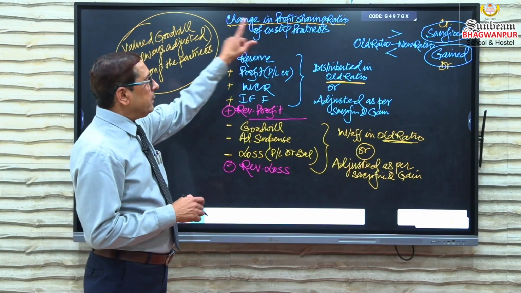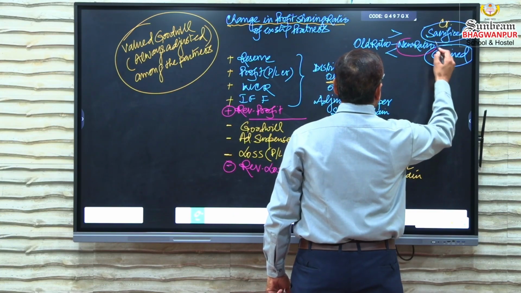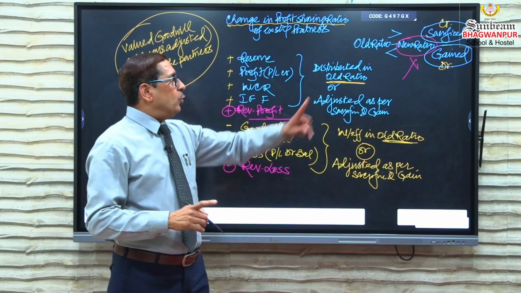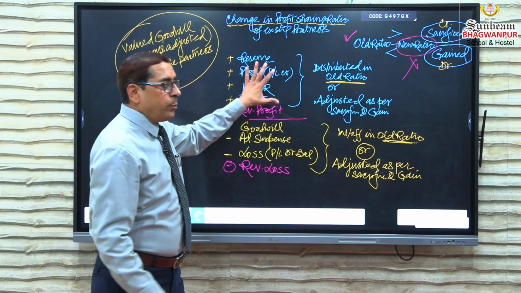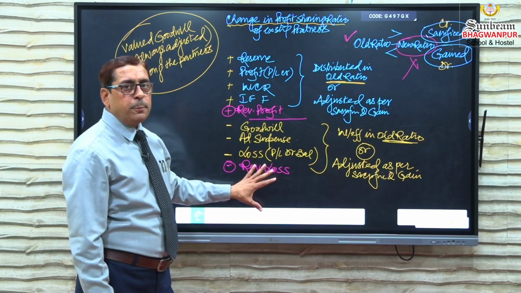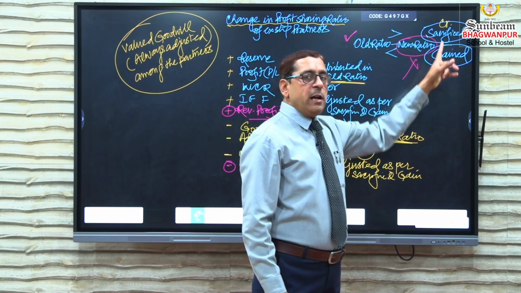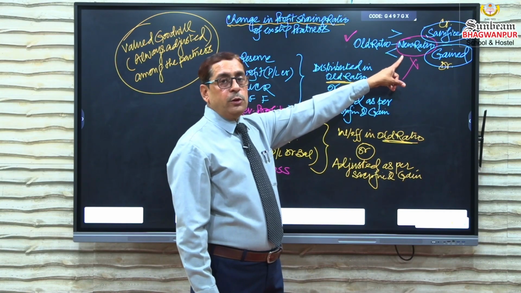You have seen in the entire discussion there was no use of this new ratio. Either we are using the old ratio for distribution purposes, for writing off purposes, or we are using sacrifice and gain. Nowhere are we using the new ratio.